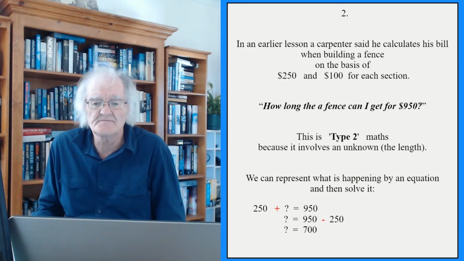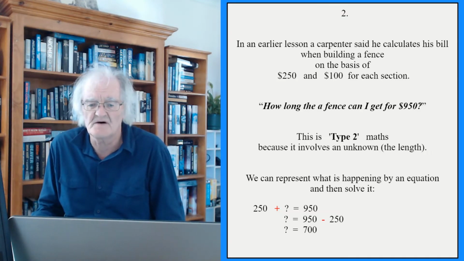This is type 2 maths because it involves an unknown, the relevant length. We can represent what's happening by an equation and then solve it. That equation is 250 plus the missing information is $950.